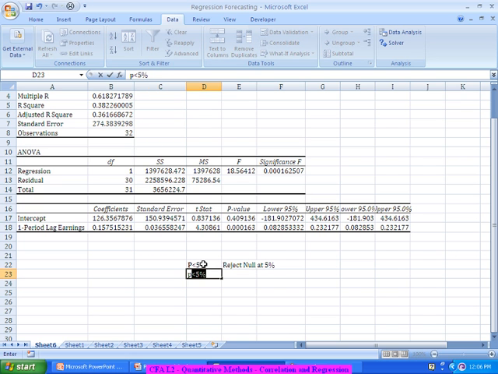And if p is greater than 5%, fail to reject the null. So without doing any calculation, just by looking at the p-value, you can say whether to reject the null hypothesis or fail to reject it. That is the 95% confidence level.